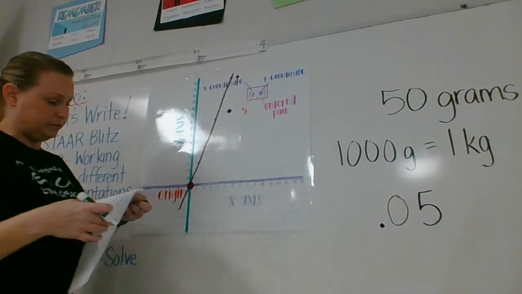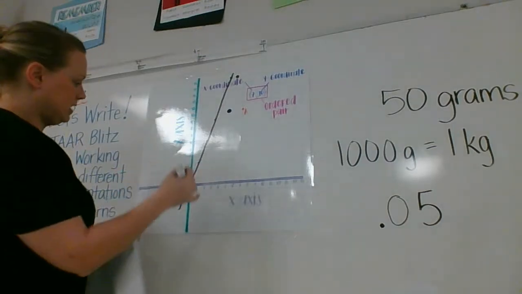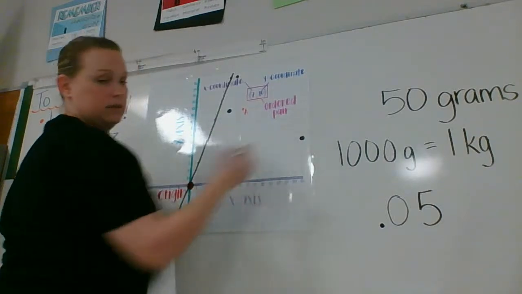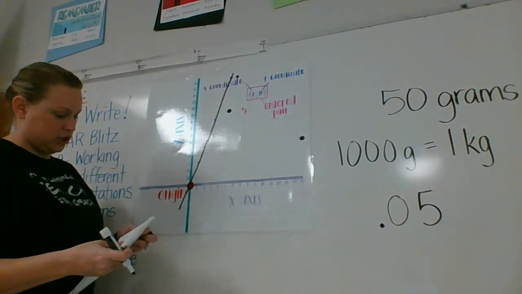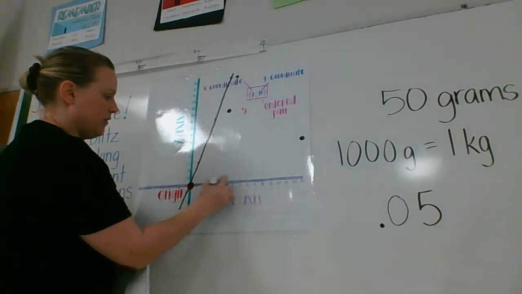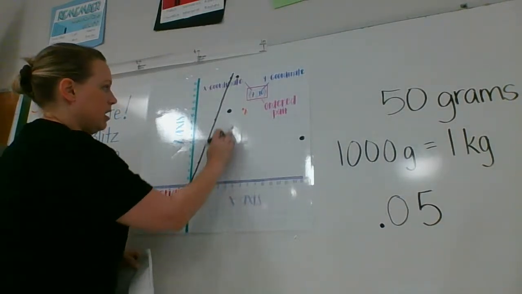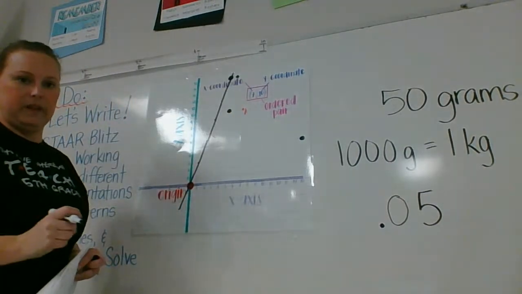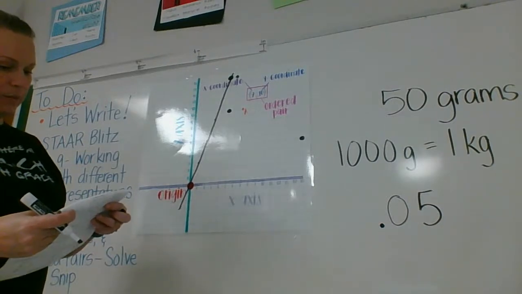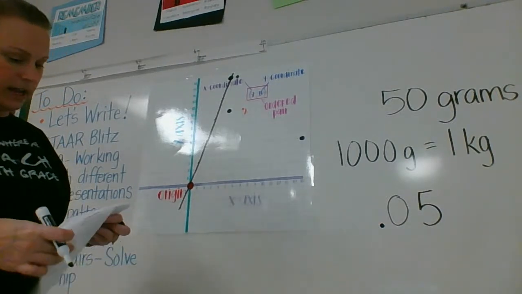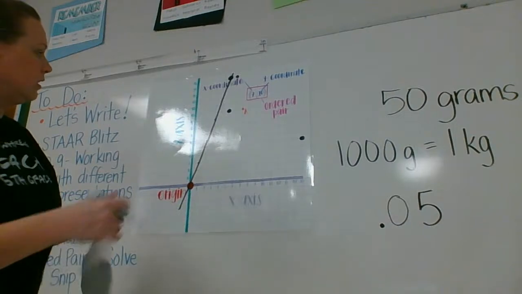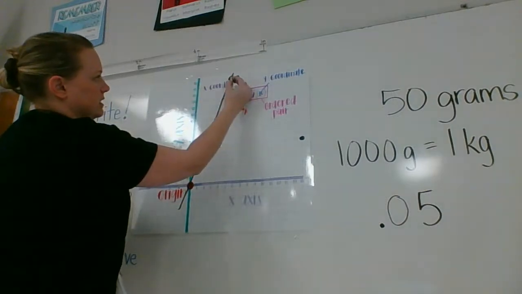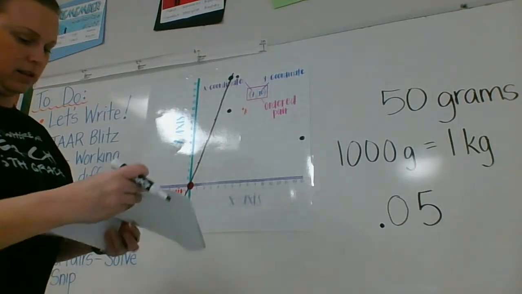Still not on the line, though. 15, 5. We'll go over to 15 and up to 5. Again, nowhere near. Let's try 5. Over to 5, because that always comes first, and up to 15, which would fall right on our line up there. So when it asks which number pair or which coordinate pair extends the pattern shown on the graph, meaning the line that goes past the dots that are already given, this dot right here extends the pattern.